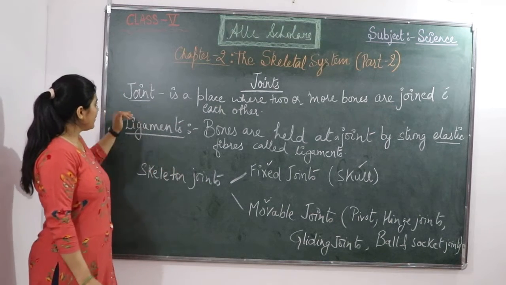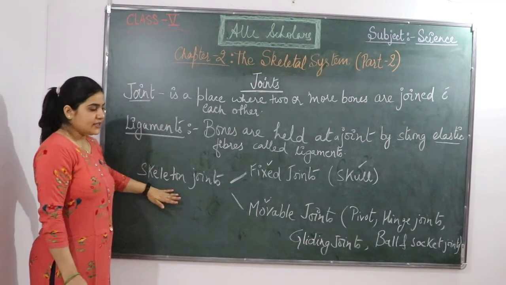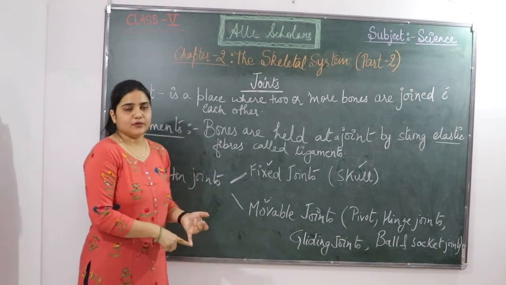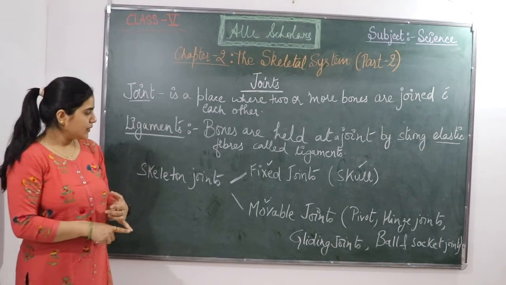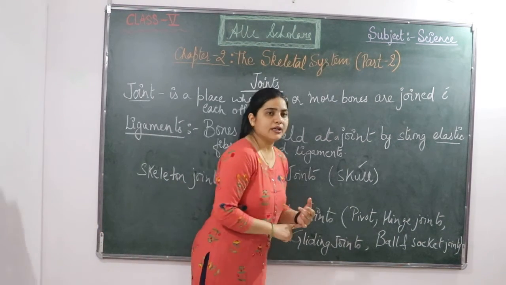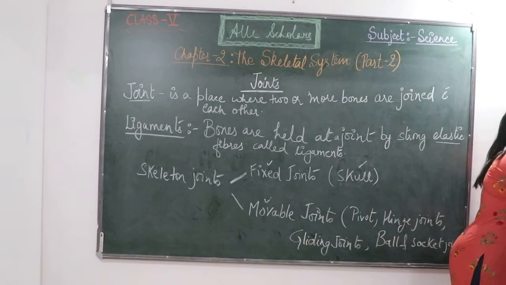Okay? So this was about what a joint is, what ligaments are, types of joints, fixed and movable, and movable joints are further classified into four: pivot joint, hinge joint, gliding joint, ball and socket joint. Okay? So one by one let's discuss these joints.